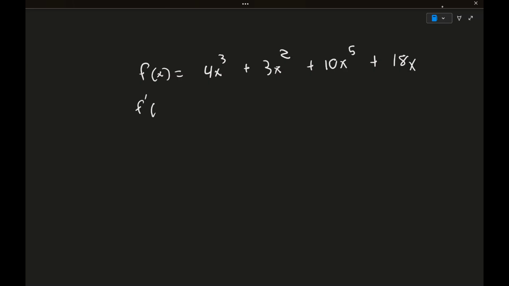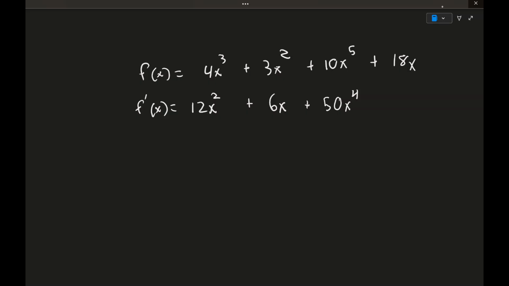Well, the derivative, if we just use the power rule, 12x squared plus 6x, and this is really 6x to the first power, but we don't really write that, plus 50x to the 4th power plus 18.